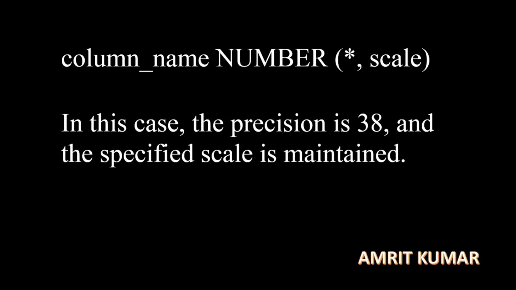In this case the precision is 38 because we have set it to asterisk. So precision is 38 and the specified scale is maintained. The specified scale might be 1, 2 or anything like this.